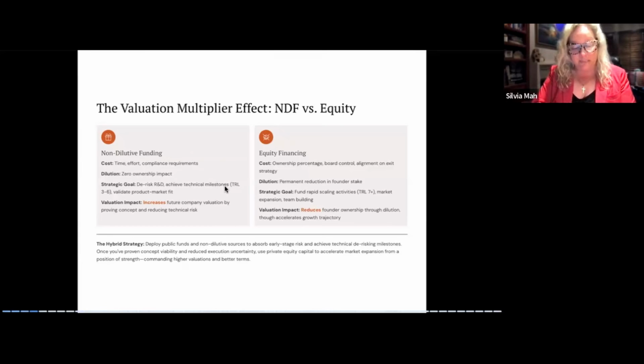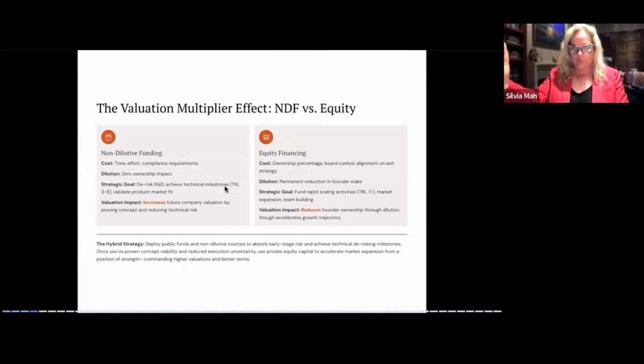One thing that is specific for end of year, and I'll do the end of year one next month: when you're looking at non-dilutive funding and equity financing, we'll go through the strategy and the timelines, but this type of non-dilutive funding takes a longer time period to go after, execute, and get the money.